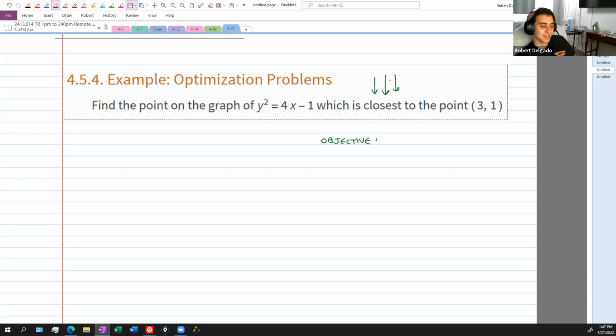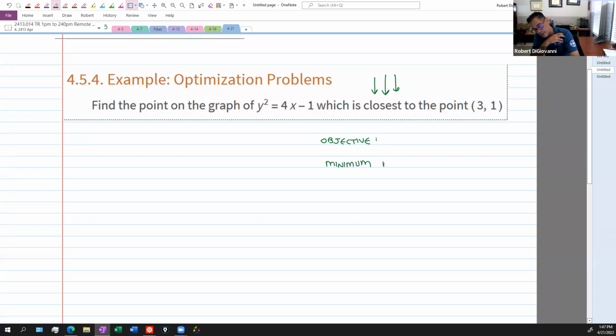We're talking about the distance between two things, a graph, a curve, and a point. The point that's closest would have the shortest or smallest distance between the two. So the objective would be to find a minimum distance. We're trying to find a minimum distance between two things.